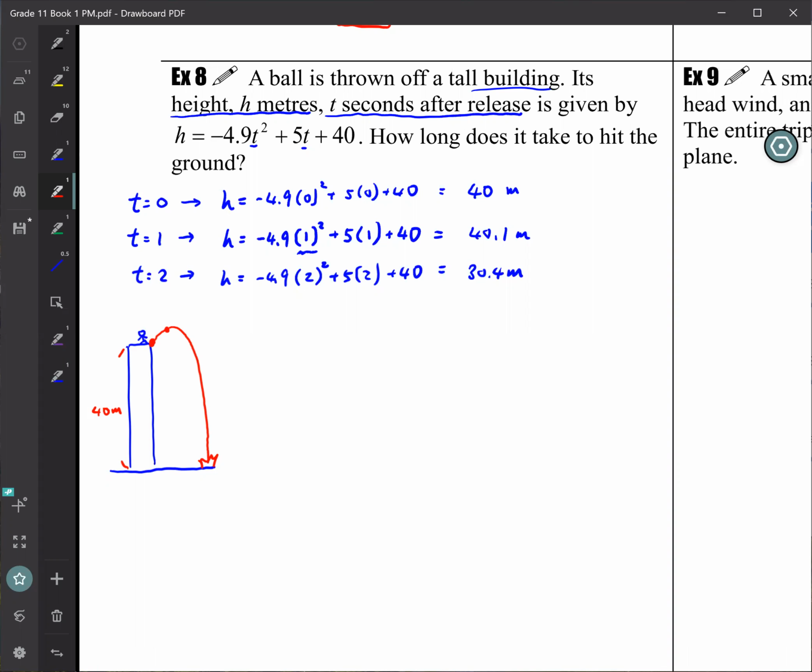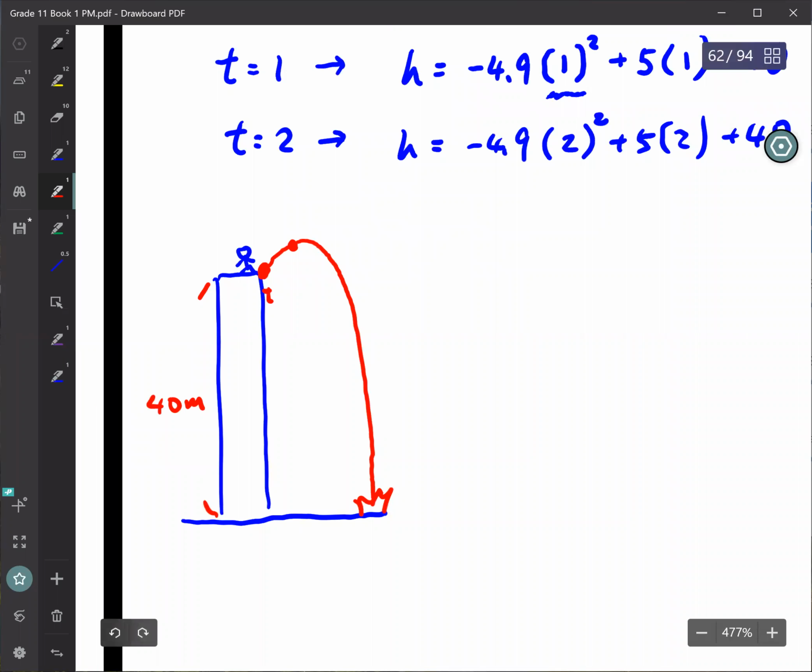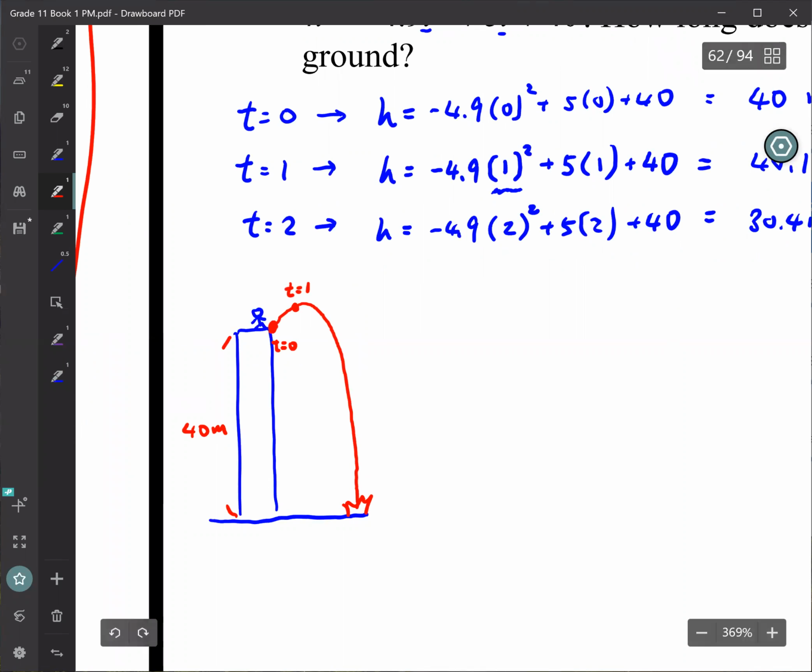Okay, so 1 second, right? This one is t equal to 0. This one is t equal to 1. And then t equal to 2 will be like 30.4 meters, so somewhere here. And then afterwards, maybe after another second or two, it will hit the ground.